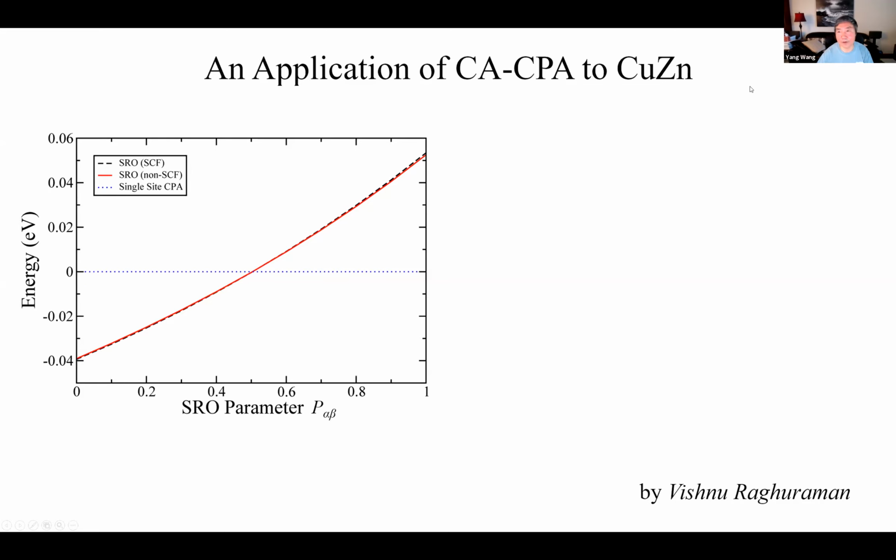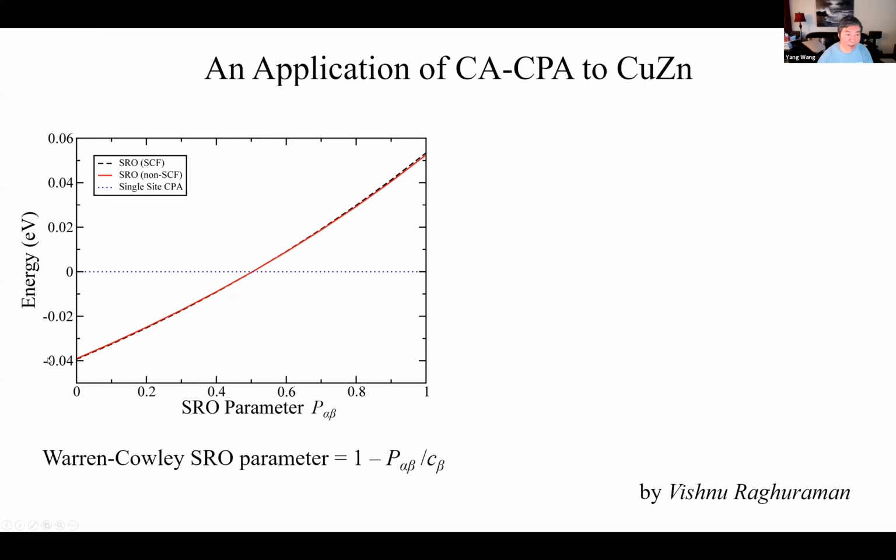If you do a conventional CPA, this energy is the dashed line. We use that as a baseline. By the way, we are so used to the Warren-Cowley short-range order parameter, which is related to the conditional probability by this formula. If we use a different short-range order parameter, we can see how the energy changes.